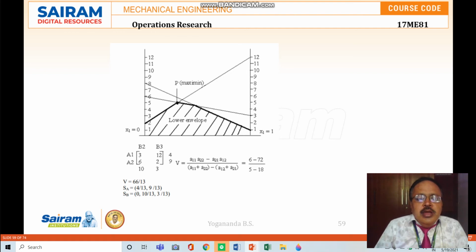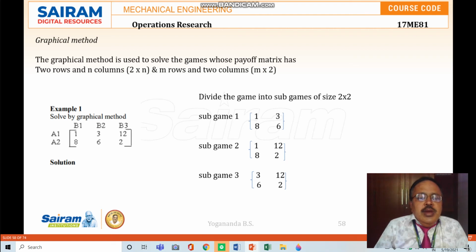Maximum out of all the minimum values, that is the corner points here. So I am choosing the maximum one in the lower envelope. When it is for 2 by n, that is do or die situation for player A.